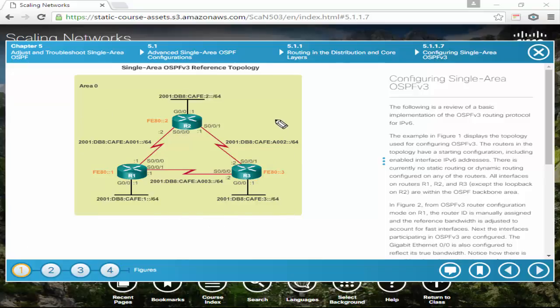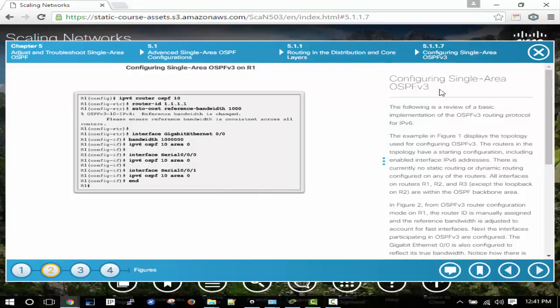What are we noticing? Well, for some reason, we haven't set a router ID yet, which we do program differently, and I think most of you guys got this working. So first, we do the same thing as always. We do IP version 6 router OSPF 10.